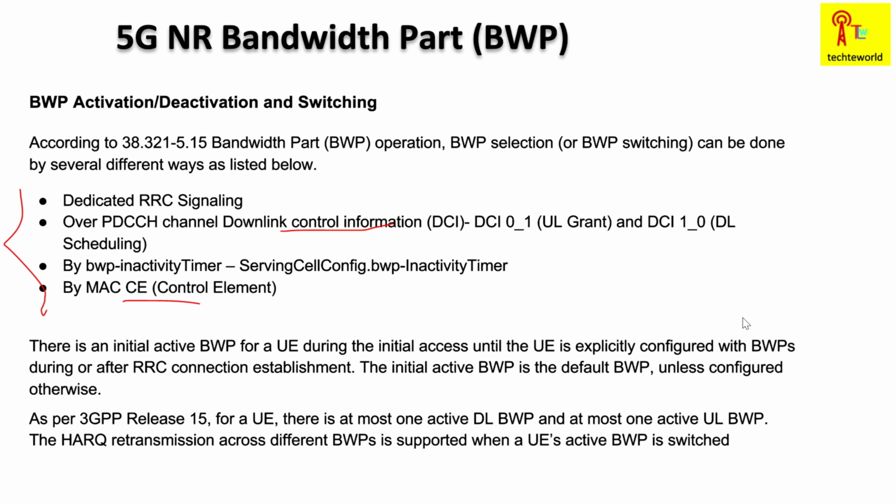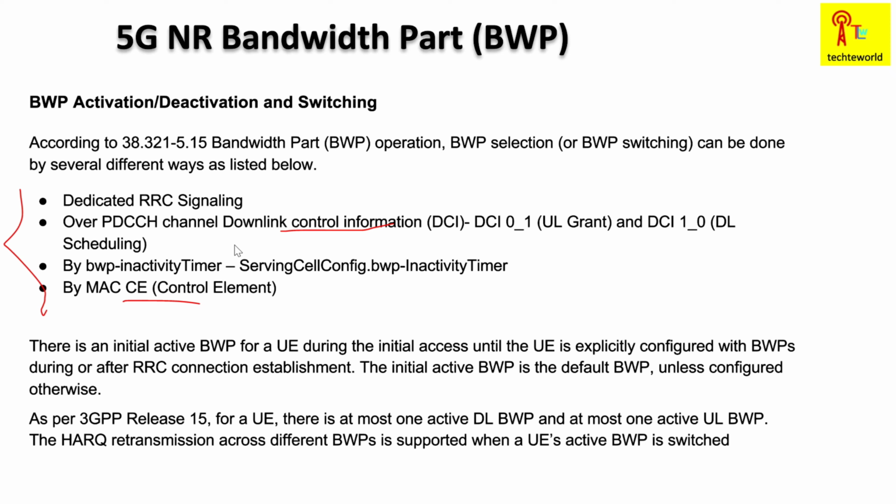You can consider that sometimes the UE might fail to decode the DCI, or it might fail to receive the DCI. In that case, the activation and deactivation of downlink bandwidth part can be inefficient with this DCI method. So we can make use of this bandwidth inactivity timer in that case. By the use of this timer, the UE is not scheduled for a certain period, which means we can let the UE not be active for that particular time.